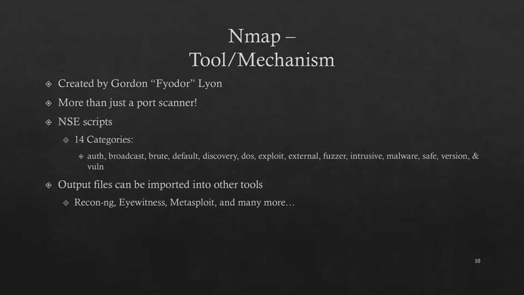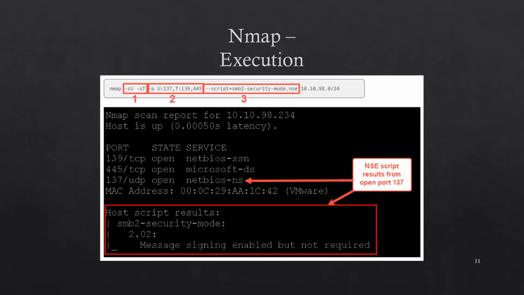It can either ingest the results of another tool, or its output can be ingested by another tool. Some examples of tools that can take in Nmap's output files are Recon-ng, Eyewitness, Metasploit, and just a ton more.